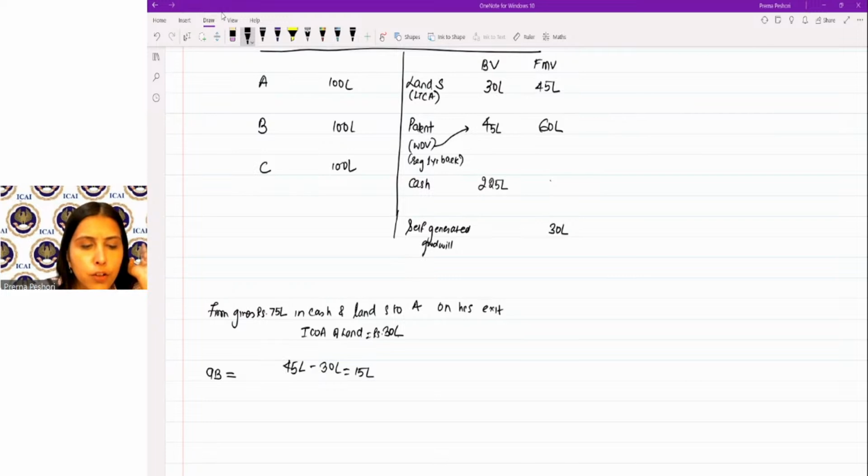What will be here my post-tax book profits? Post-tax book profit.